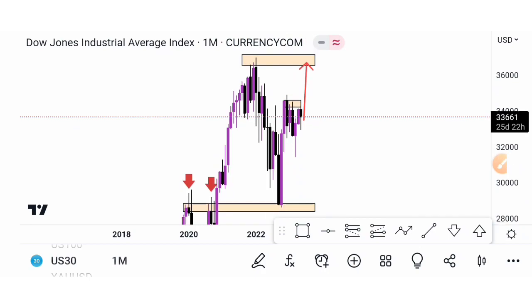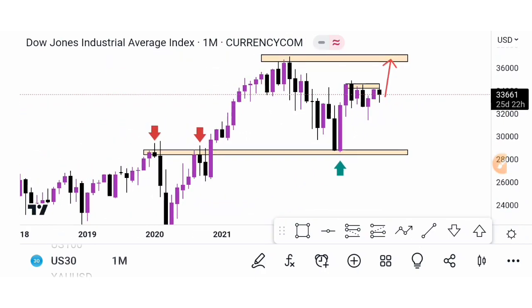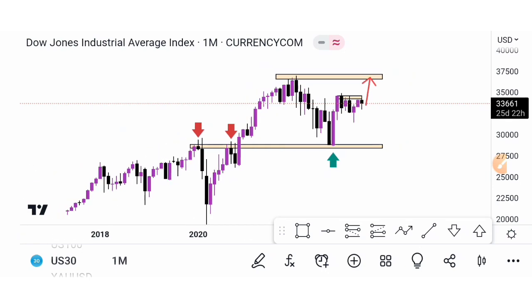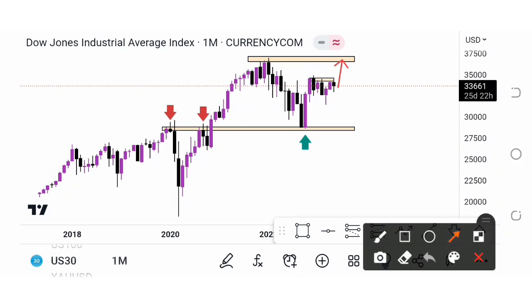So I've marked everything on a monthly time frame so that you guys can see what I'm looking at long term, right? Because when I go to smaller time frames, I'm trading with the mind knowing that on the higher time frame we are bearish or we are bullish. So already here, looking at US30, there is no trend line, but however we do have this resistance that became then support.